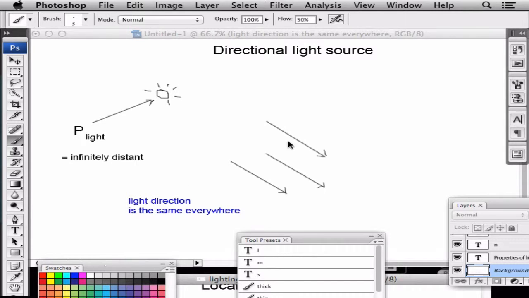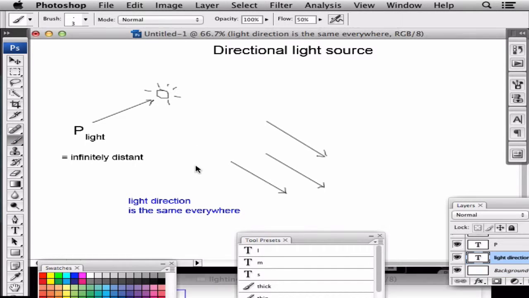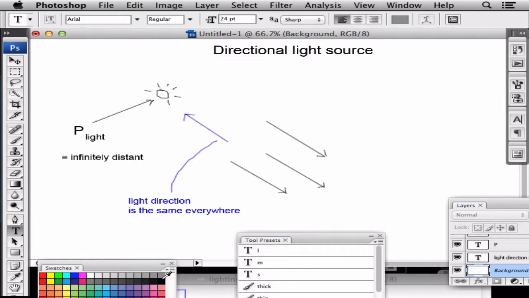And that's just a technicality, but important. And the black ones are light beams, not the light vector.